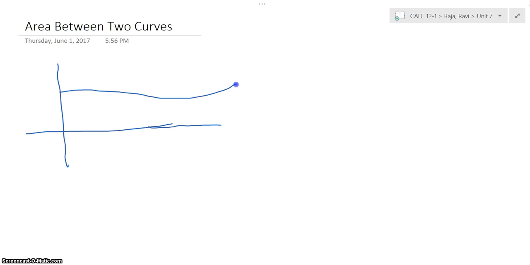Okay, so today we're going to be talking about the area between two curves. We could start it off by drawing a little graph here. We're going to have one graph, which goes like that, and another one which comes like that.